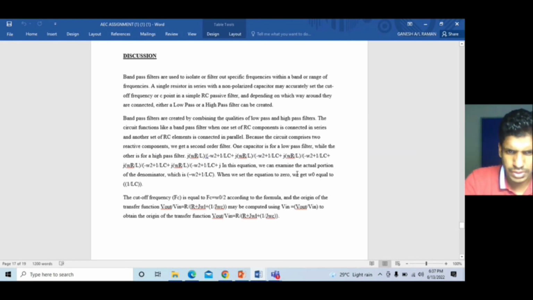The transfer function formula equals V out over V in equals R over R plus j omega L plus 1 over j omega C. Based on this formula, we derive it and get the transfer function formula V out over V in equals R over R plus j omega L plus 1 over j omega C. So these are the discussion about the band pass filters.